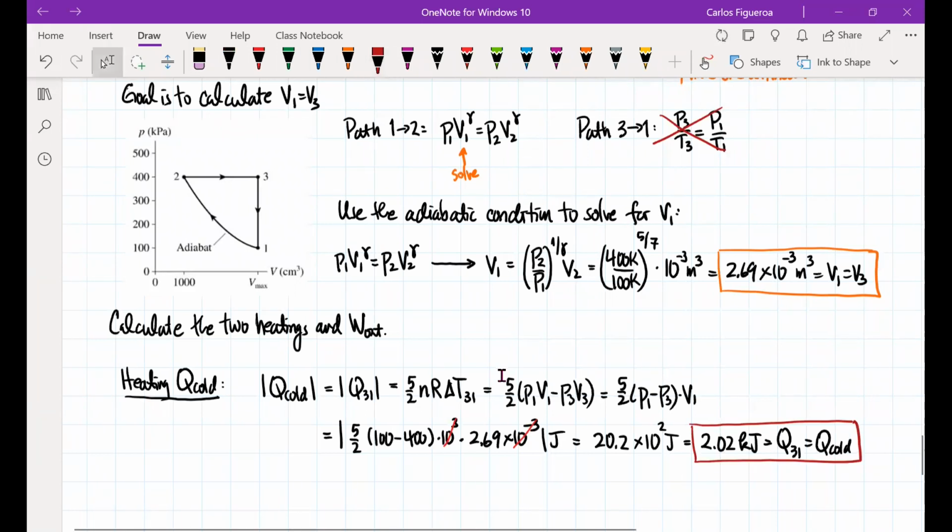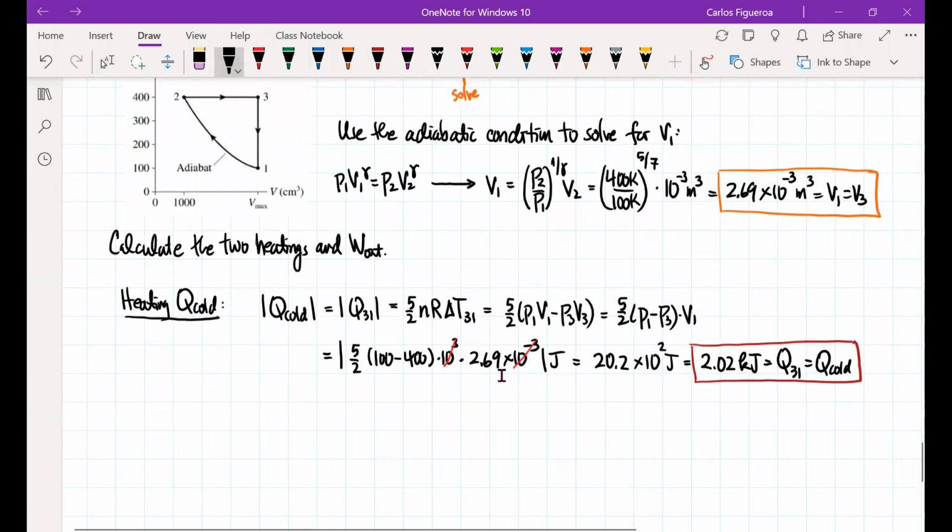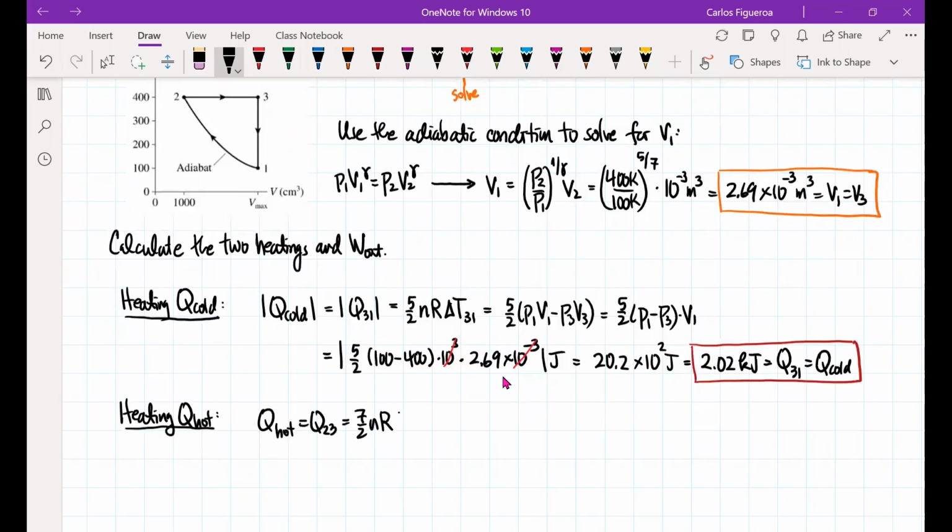So now let's go get the next one. So the next one is then going to be heating Q hot. So if I look at this, I then see that Q hot, this is automatically a positive number already, is Q23, and this is at constant pressure. So then I'm going to use the same type of thing.